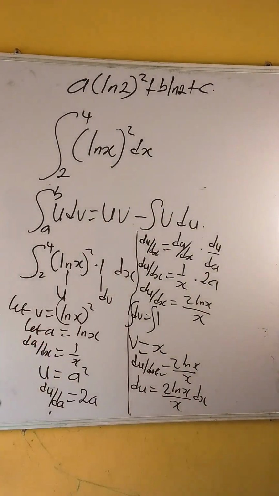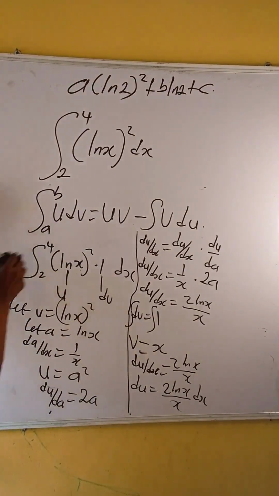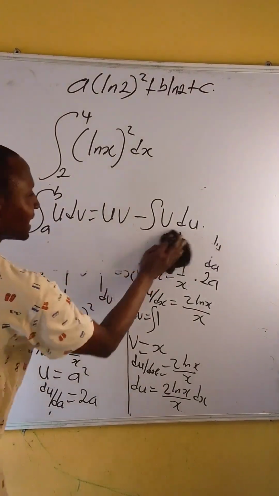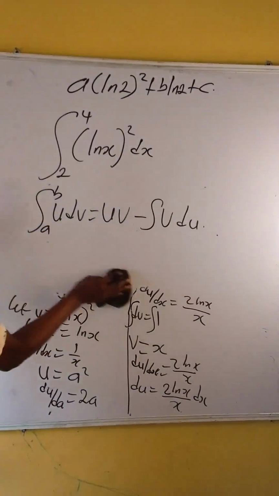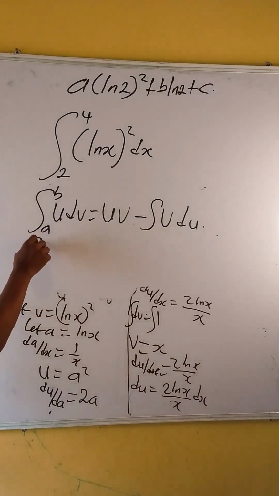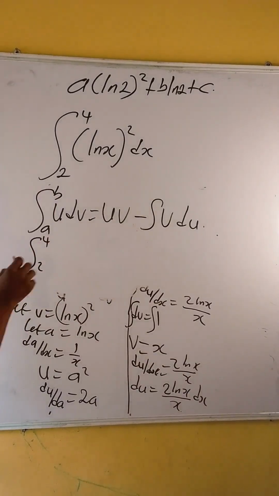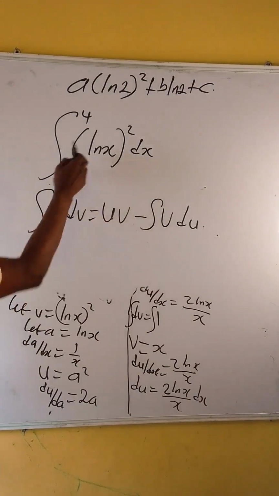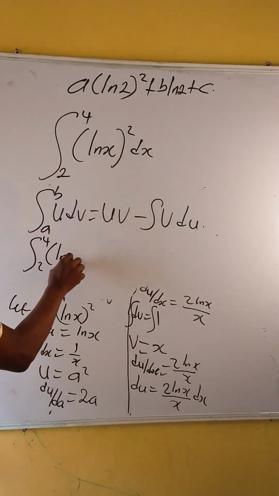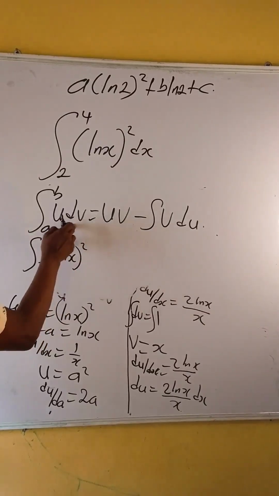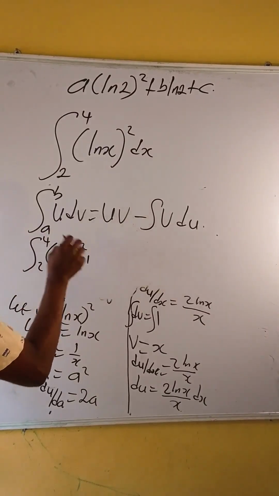So having gotten everything now, let us go ahead and fix this, okay? Let's work with this. So the integral, this is 4, this is 2. My u was ln x squared. My dv was 1, isn't it?